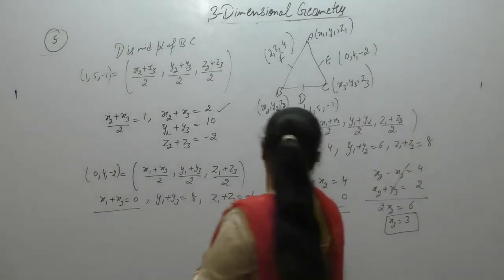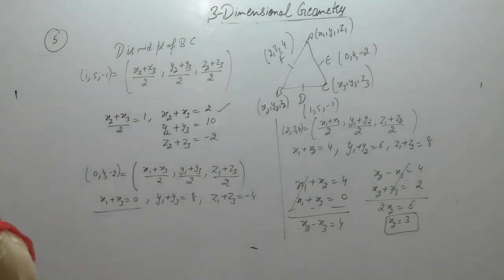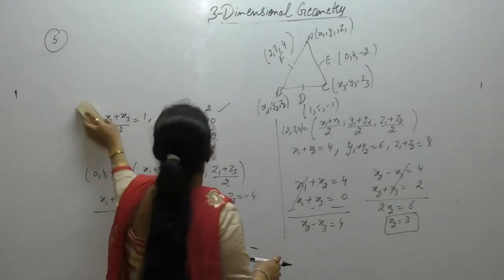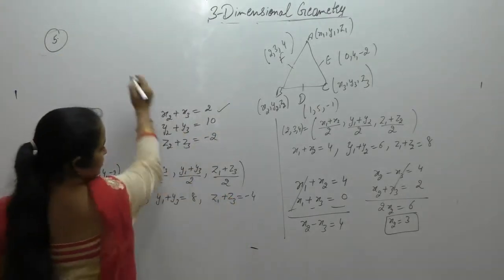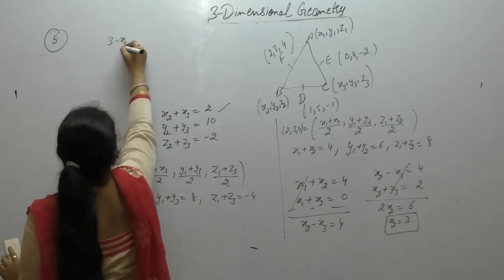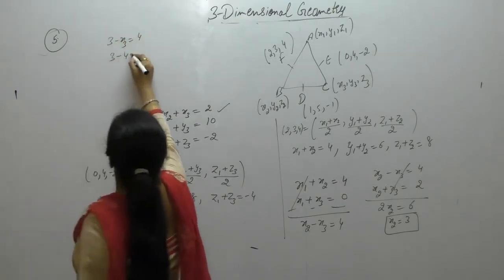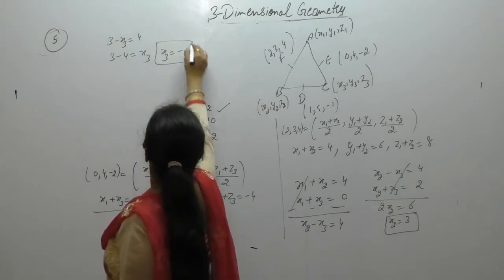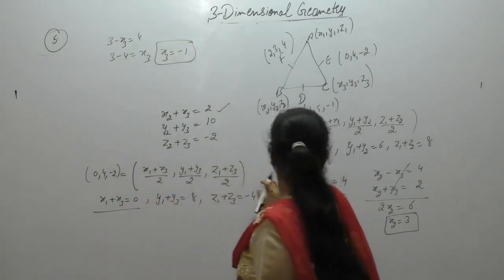Now put the value of x2 here. Put the value of x2, 3. 3 minus x3 is 4. 3 minus 4 is x3. So we get x3 as minus 1. Now x1.